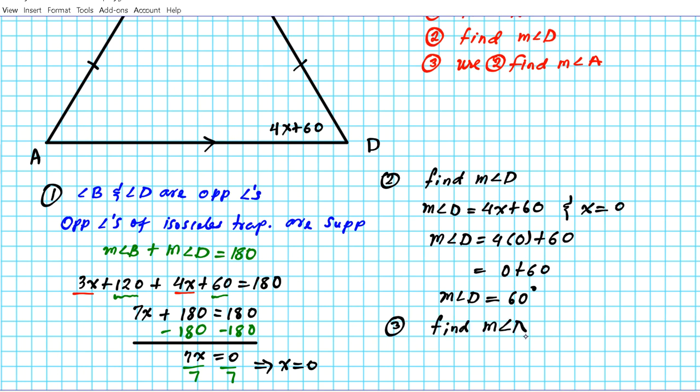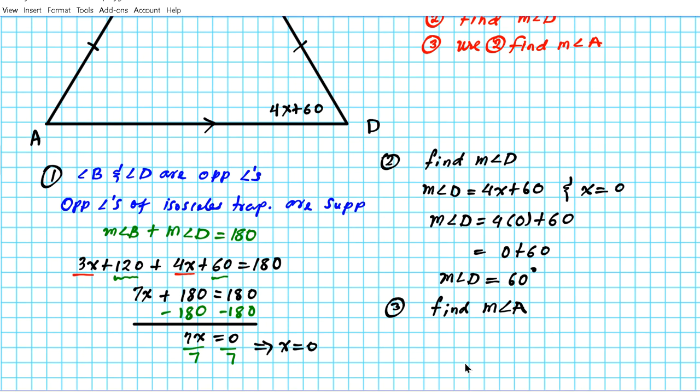So now let's find the measure of angle A. So what do we know about angle A and angle D? Angle A and angle D are base angles. So what? They're base angles of an isosceles trapezoid.